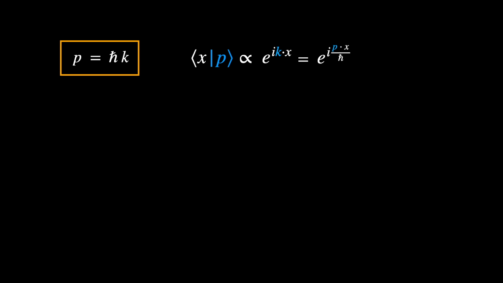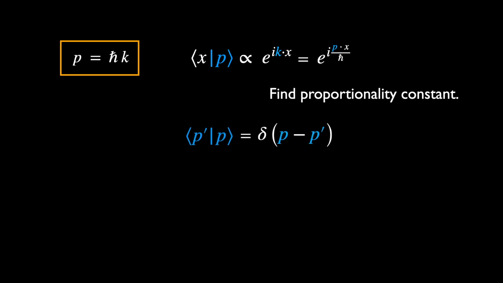The next step is to find the constant of proportionality for this function, which is actually quite simple since we know the momentum states normalize to a delta function. Inserting the identity operator resolved in the position basis allows us to relate this to the momentum wave function. The delta function can also be expressed in its integral representation, which we have derived earlier.